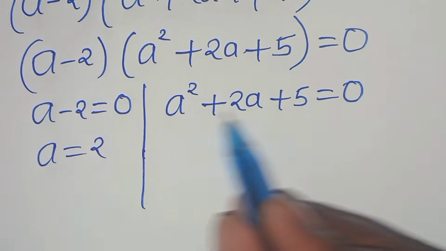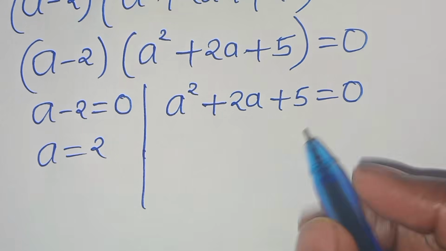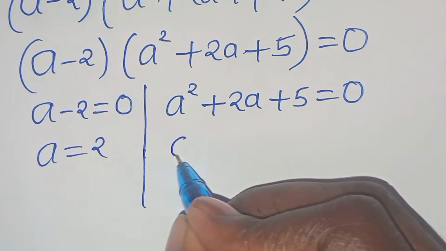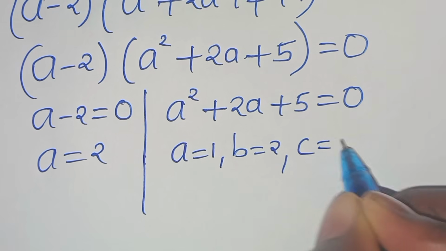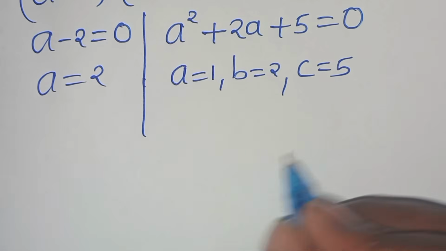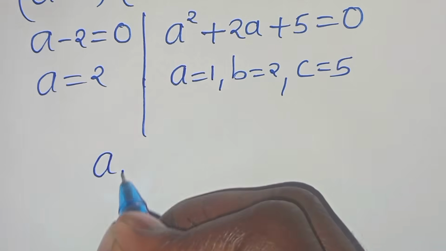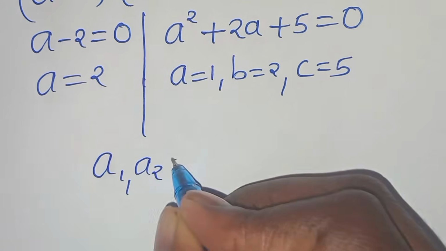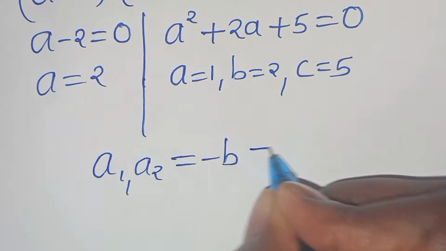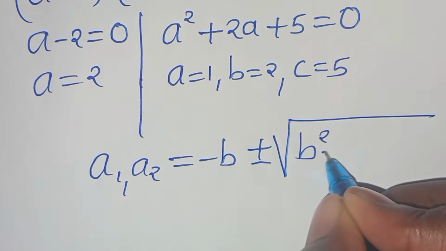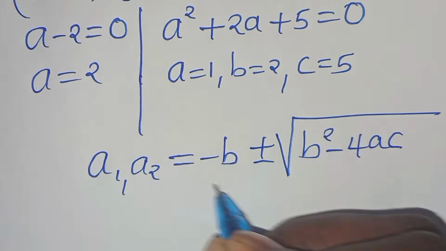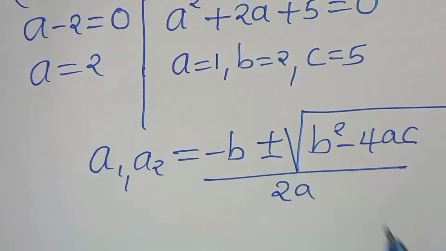This is a quadratic equation, where we have a is equal to 1, b is 2, and c is equal to 5. So we can use the quadratic formula to solve for a1, a2, which is equal to minus b plus or minus the square root of b squared minus 4ac, divided by 2 times a.